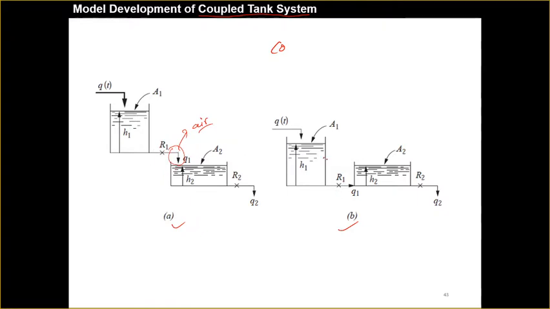However, in this arrangement, there is one pipe connected between tank 1 and tank 2, right? And through this pipe, where the resistance R1 or the valve is connected, the water or product coming from tank 1 goes into tank 2 here also, but it is not in direct contact with the air, it is in contact with the pipe.